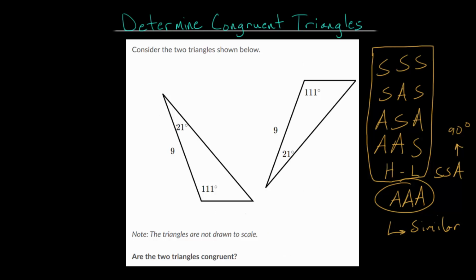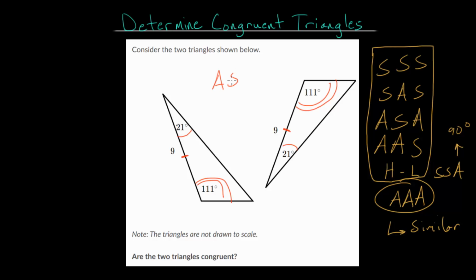Now, looking at this problem here, we have these two triangles, and what we can see is that they share one set of equal angles here. They share an equal side length, and it looks like they share another set of equal angles. And what you can notice is that the side is in between the two sets of equal angles.